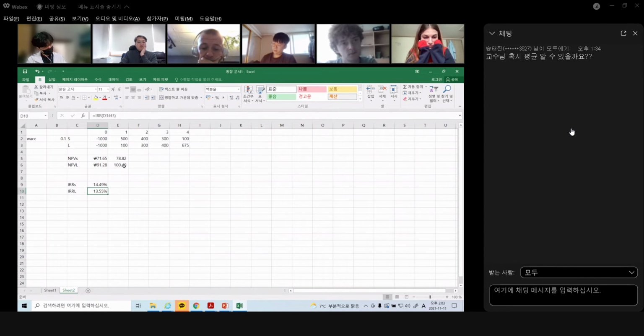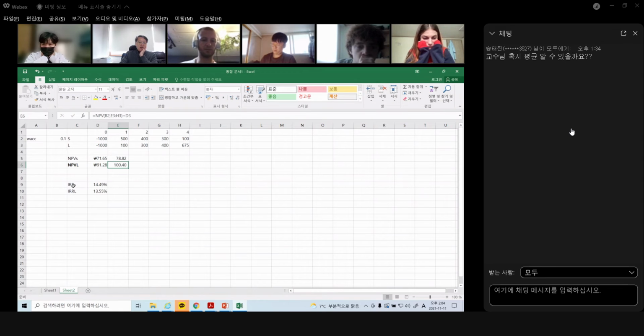The NPV for project L is higher than the NPV for project S. So if we use the NPV, we should choose project L if the projects are mutually exclusive.